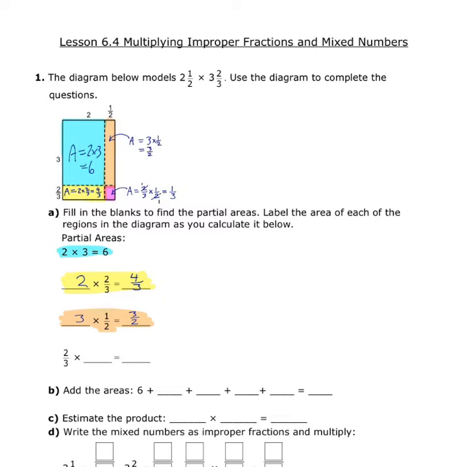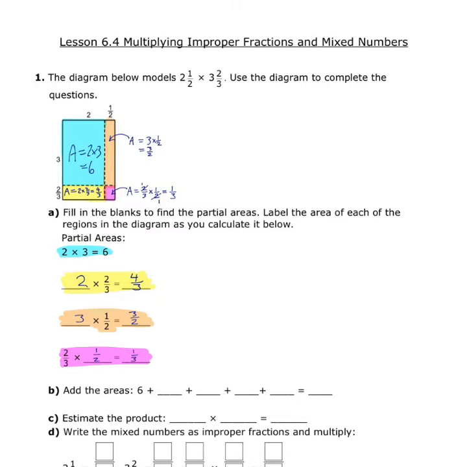Alright, so the final multiplication that we did to find a partial area was 2/3 times 1/2, which gave us 1/3. So now what we're going to do is find the total area of this rectangle.